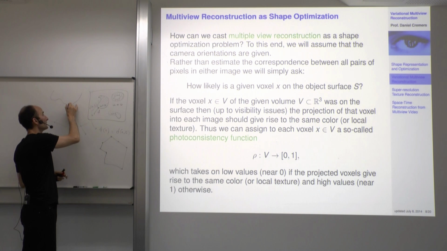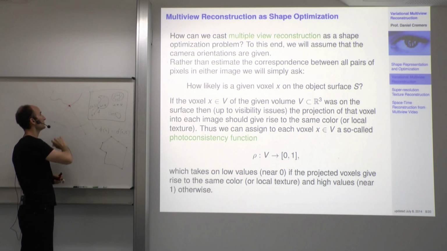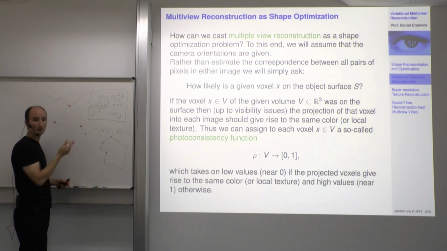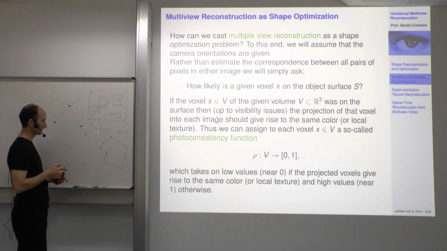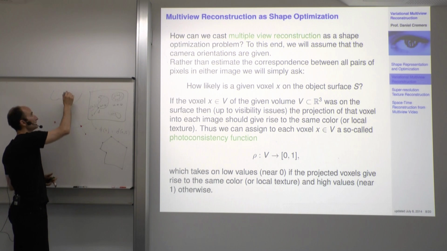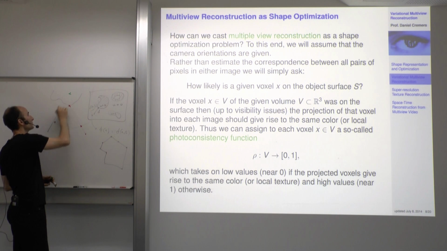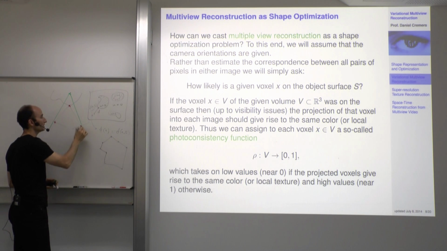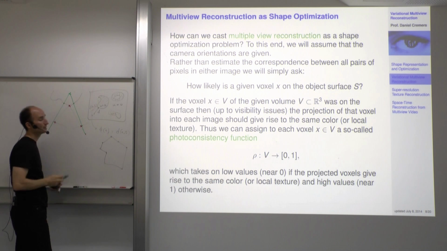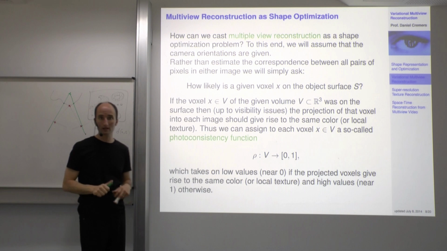The idea is we want to distinguish points like this red one that are on the surface, and so we can expect that the color we see when projecting the point should be the same ideally. And we can distinguish these points, say from the green point that is not on the surface but say inside the object. Once I project this into the pairs of images, then I see colors, namely these two colors here, that will generally not be the same.